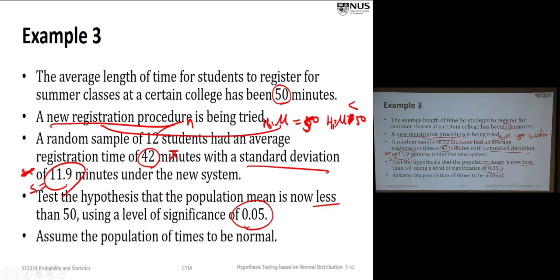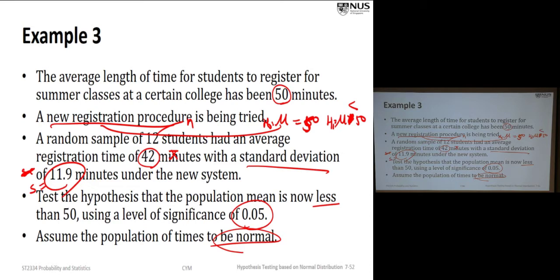So this is the assumed normal. If it's not normal, then what can we do? If we don't have this assumption, can we apply the central limit theorem? Yes and no. No, because the sample size is so small. But then you're just sitting there doing nothing, so we still try.